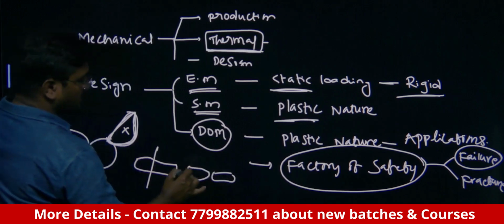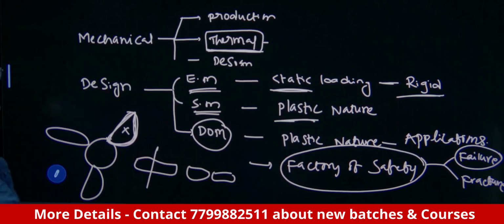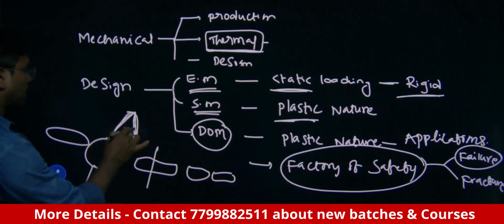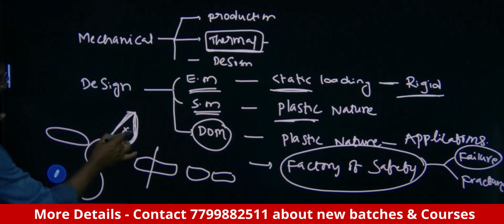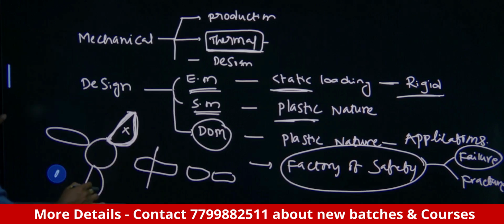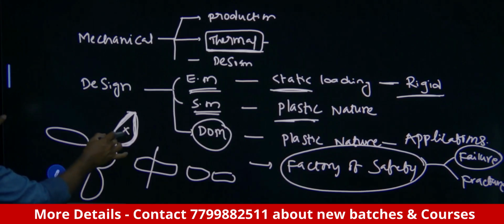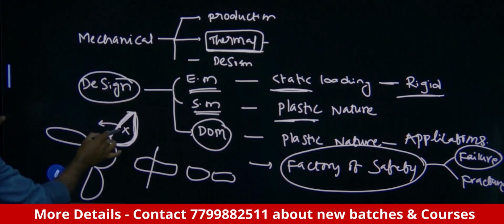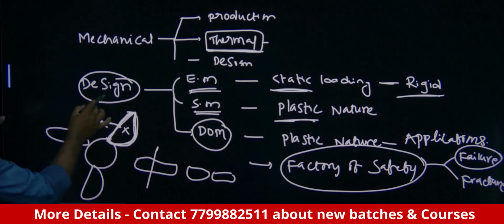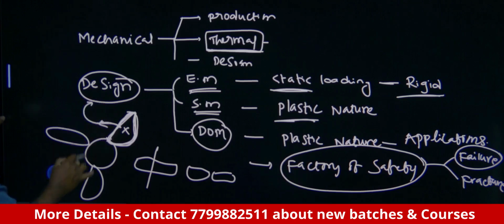This is the separation, this is the fracture. Failure condition means any simple bend, which comes under unwanted, unbalanced loading. This unbalanced loading leads to the failure of a component, and that component has to be designed again.